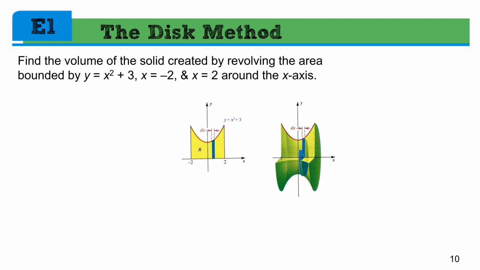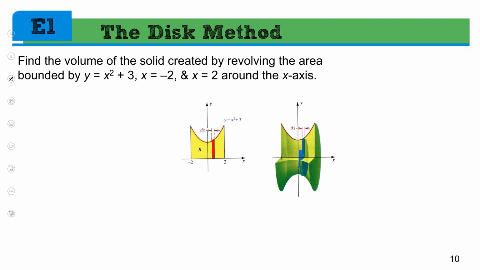Okay? So here we go. It's a little hard to see, but here's my rectangle. Let's do the easy part. How wide is that rectangle? Dx, correct. We want it to be very small.